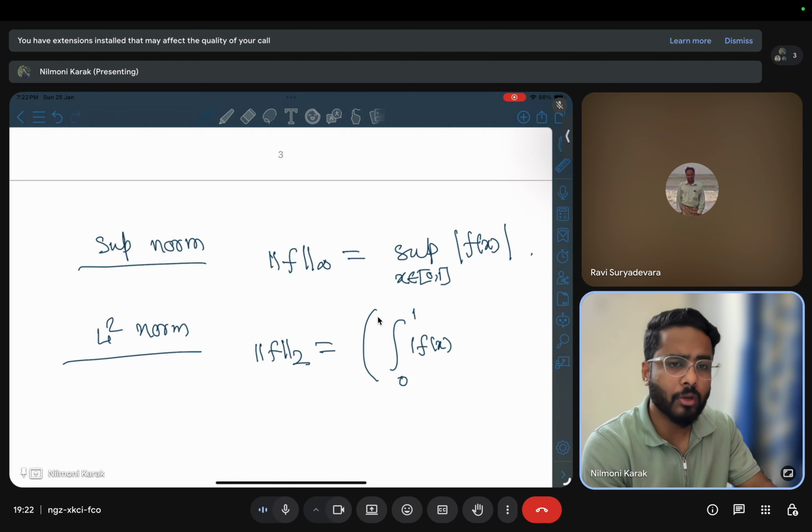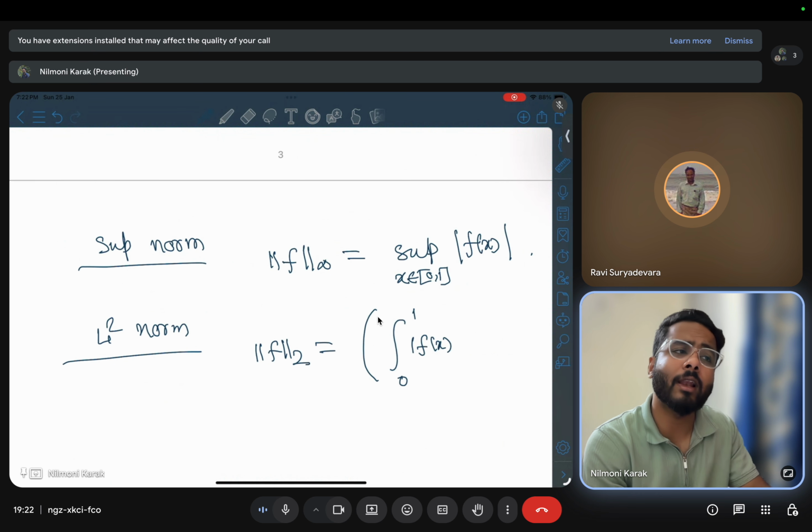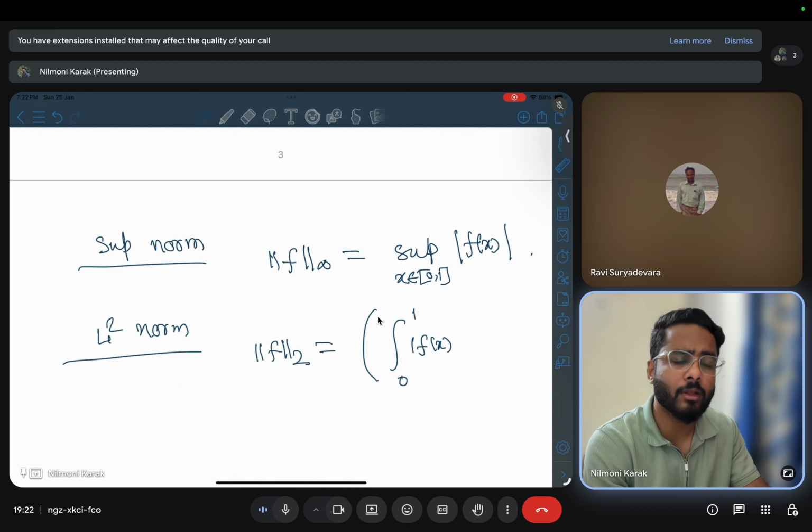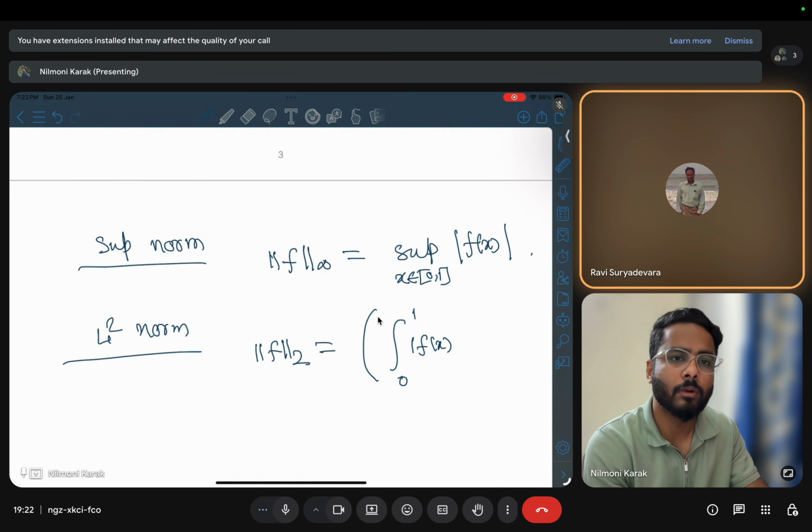The supremum may or may not be in the set, but the maximum should be in the set. For example, consider the set 1/n. Here 0 is the infimum and 1 is the supremum. 1 is in the set, so it is the supremum as well as the maximum, but 0 is the infimum but not the minimum.